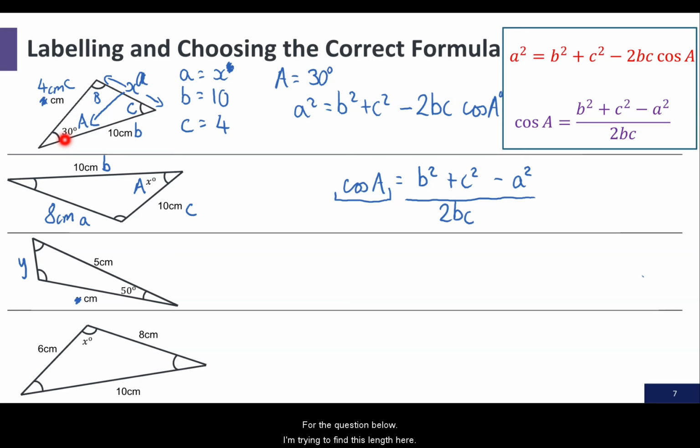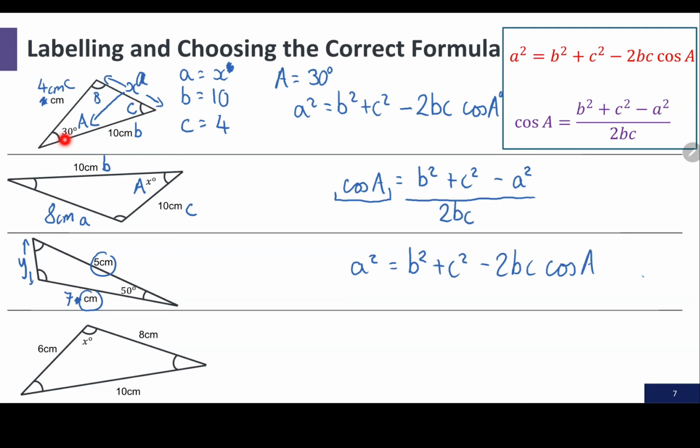For the question below, I'm trying to find this length here, and I've got two sides and the angle between. I'm just going to change that for 7 centimeters. For this question, I'd be using a squared equals b squared plus c squared, Pythagoras, subtract 2bc cos A. The first thing we need to do is label.